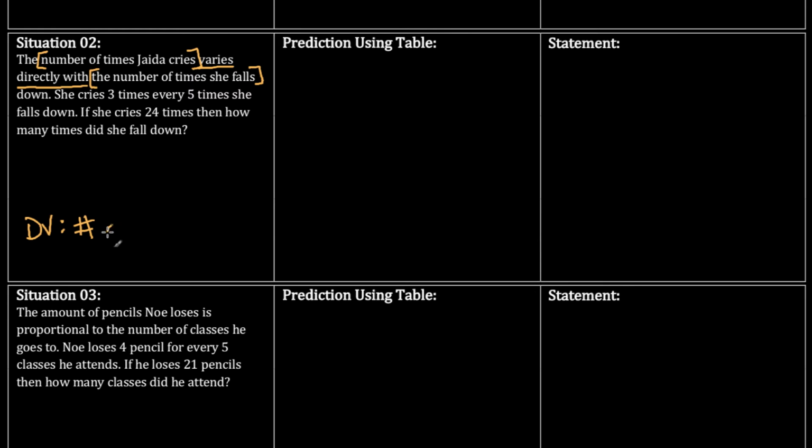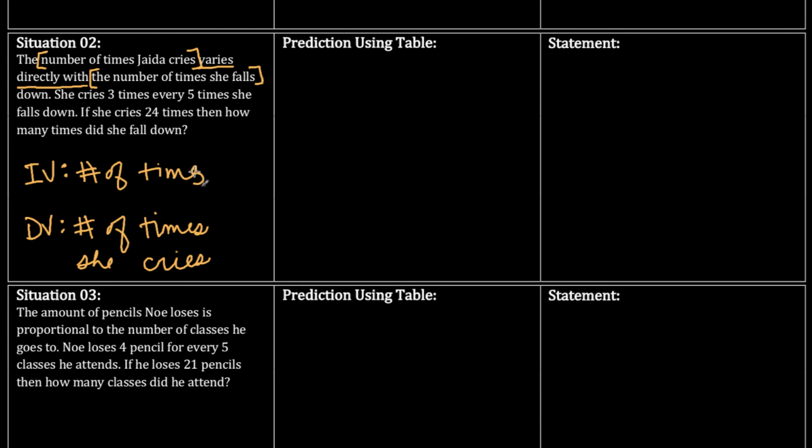The number of times she cries depends on our independent variable, which is the number of times she falls. Okay, so let's make our table.